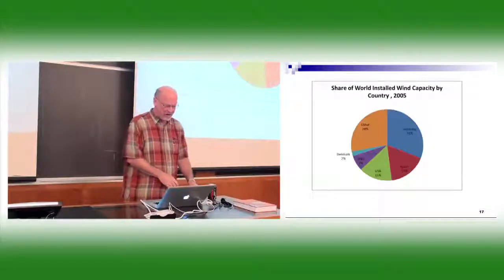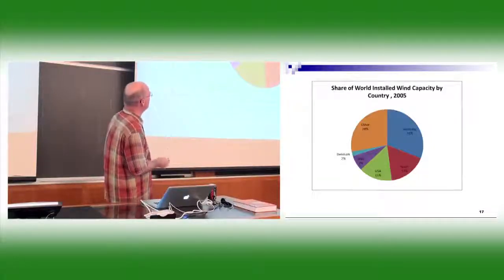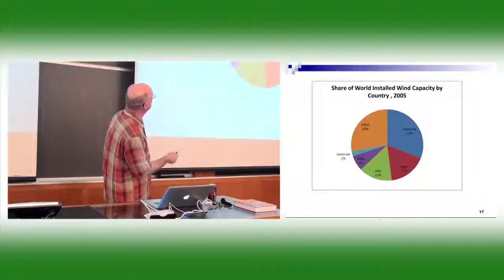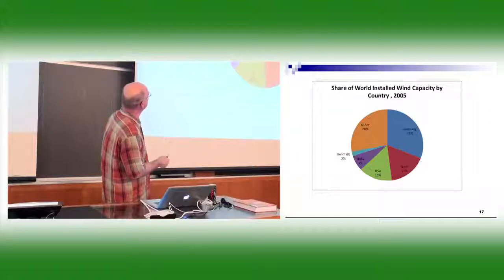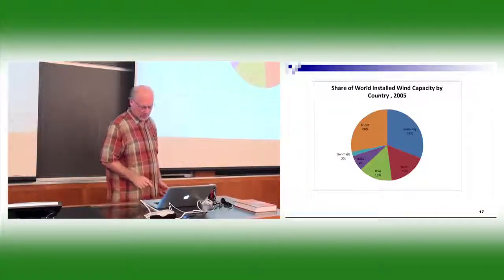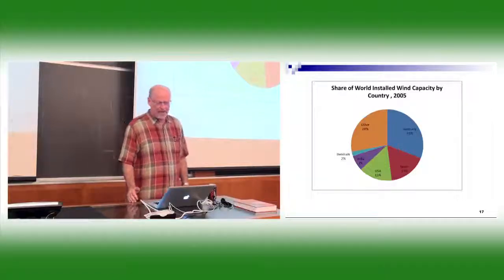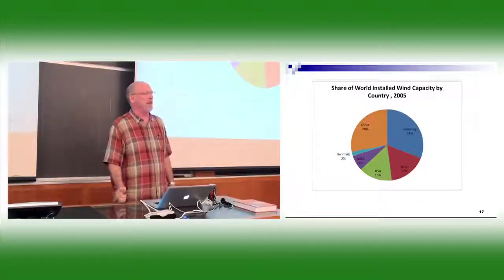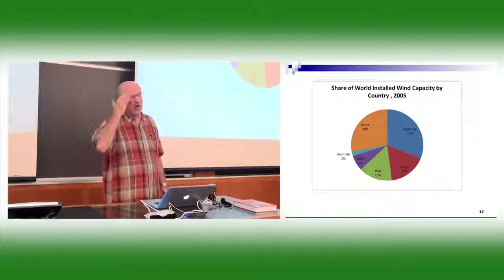Now, back in 2005, I said we had a smaller percentage. Back then, we only had about 15% of the capacity. Germany has much more. We have now passed Germany. We've passed Spain, but China is coming right behind us. Okay, and it won't be long before China will pass us up. It all depends on how fast we go and how fast we develop wind energy, where all the wind energy farms go.